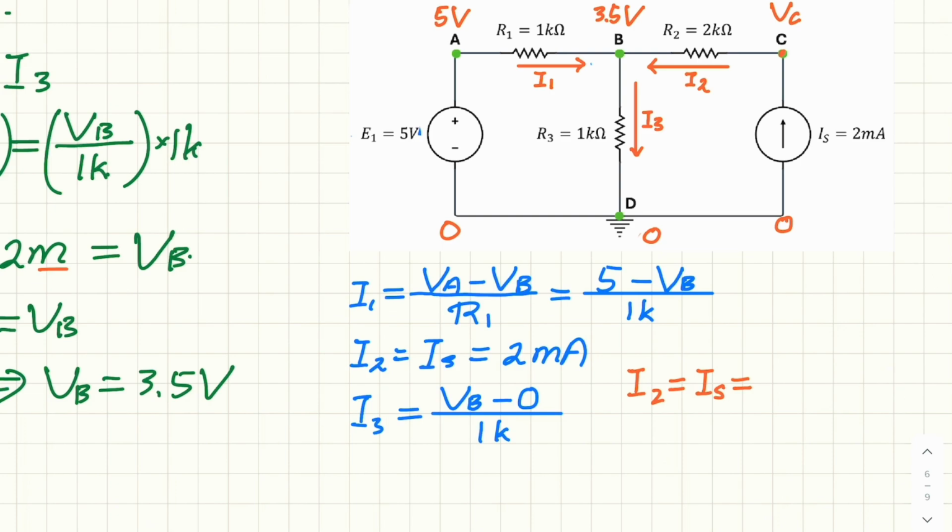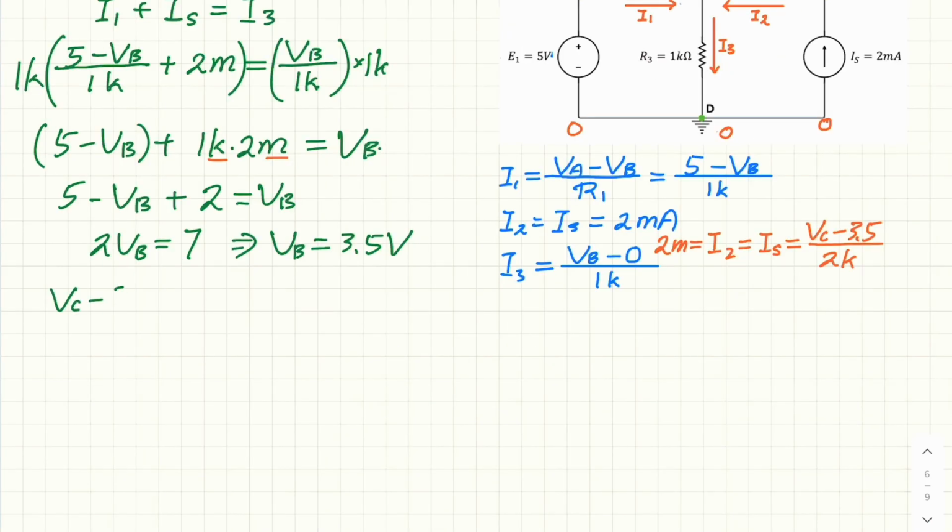It means the current is from VC minus B, 3.5, and the resistance here is 2K. Now remember, this is equal to the current I2 or IS, which is 2M. So let's solve this equation. VC minus 3.5 over 2K equals 2M.